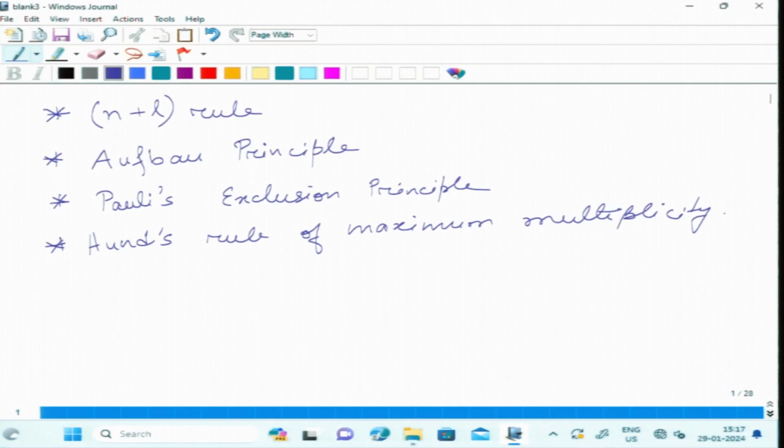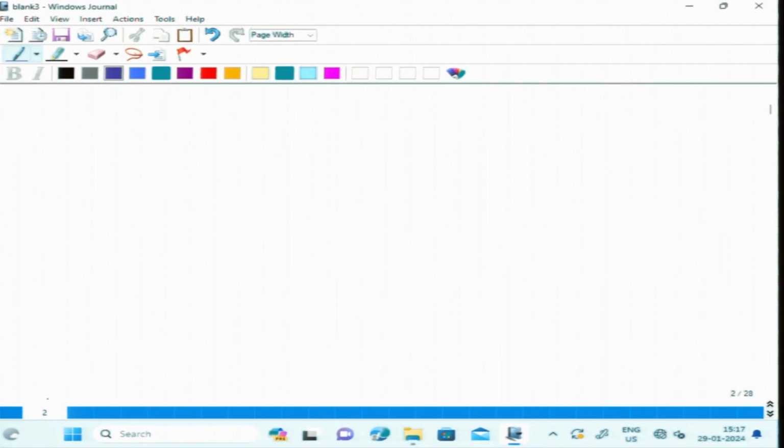So, let's start with revising the n+L rule. What was the n+L rule?